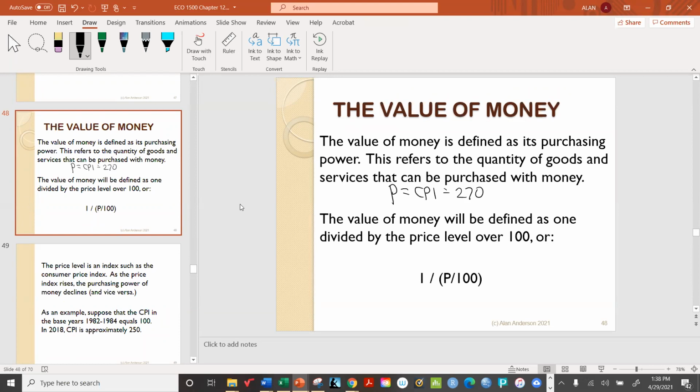That means according to this framework, the value of money last year was approximately one over 270 over 100, which equals about 0.37.